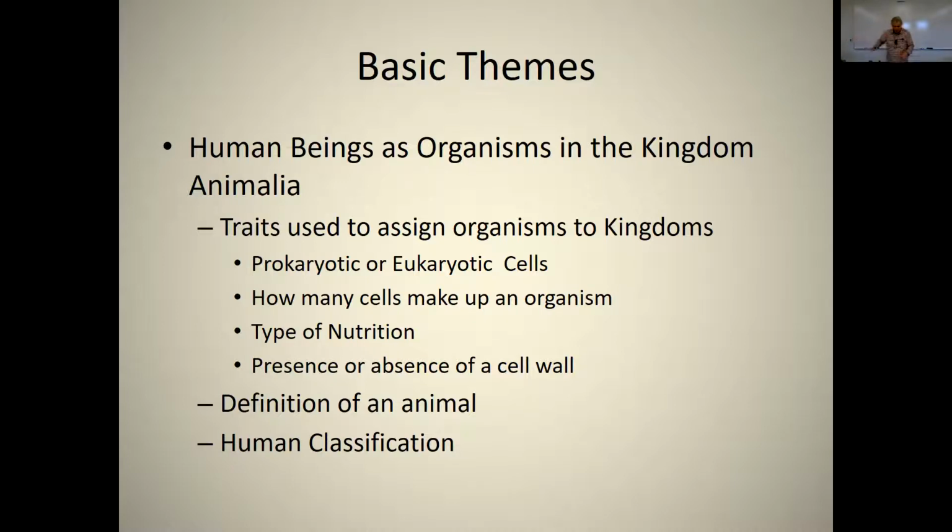Type of nutrition. Where do you get your food from? All right. We are called heterotrophs. We are heterotrophic because we have to eat other organisms. Right? That's where we get our nutrition from. As opposed to autotrophic organisms that make their own food.